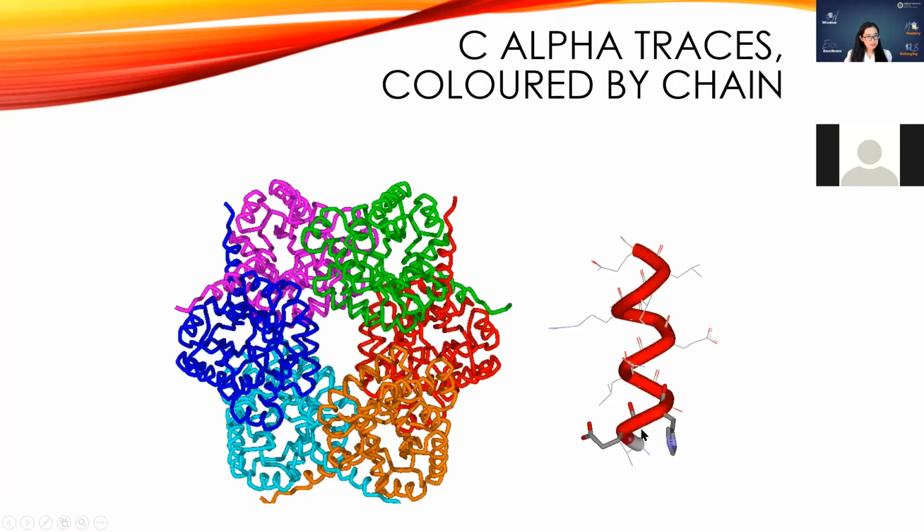So let's see in detail. If you dissect only one helix here, you can see that if you omit all the side chains, it will be called a C alpha trace. So you discard all the amino acid side chains. So this is the C alpha trace, looks like noodles, like yellow noodles shape.